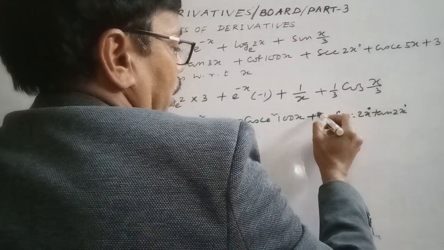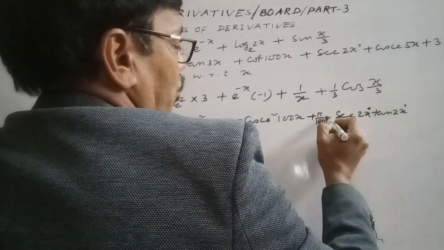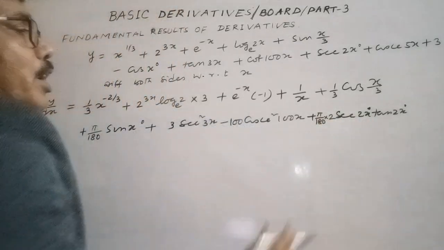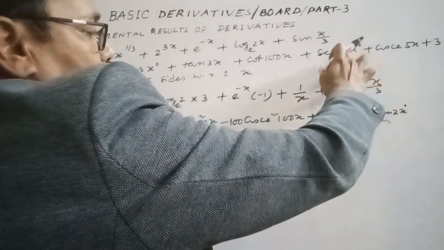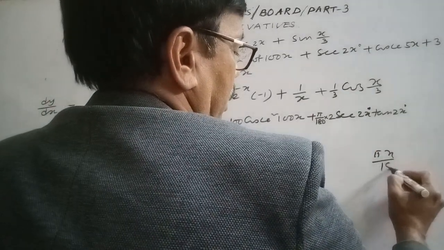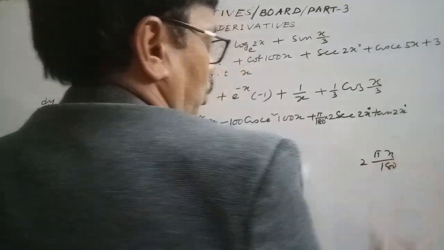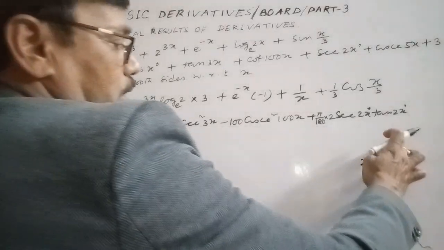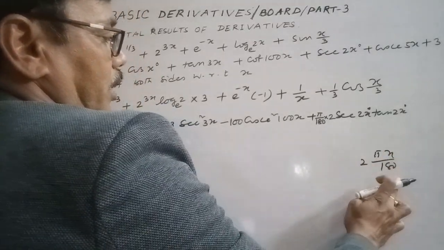So pi by 180 into 2. Why is it 2? Into coefficient of x, 2x degree equals pi x by 180 into 2.